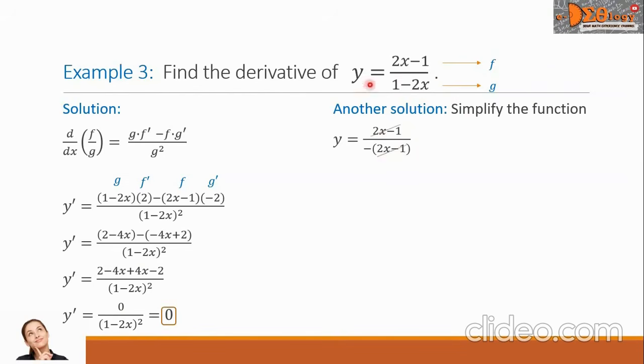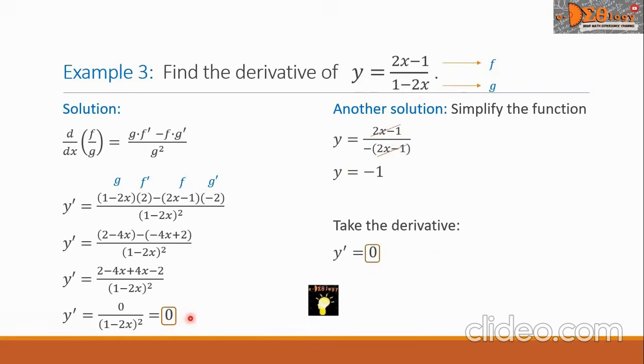So the function here is now simplified into negative 1. And now we are ready to take the derivative of this function. So the derivative of a constant is simply 0. We can see here that our answer is the same as our answer in the first solution. This is our final answer.